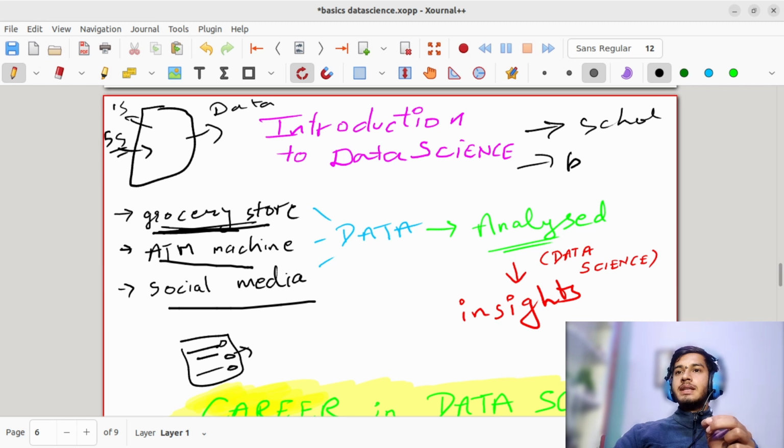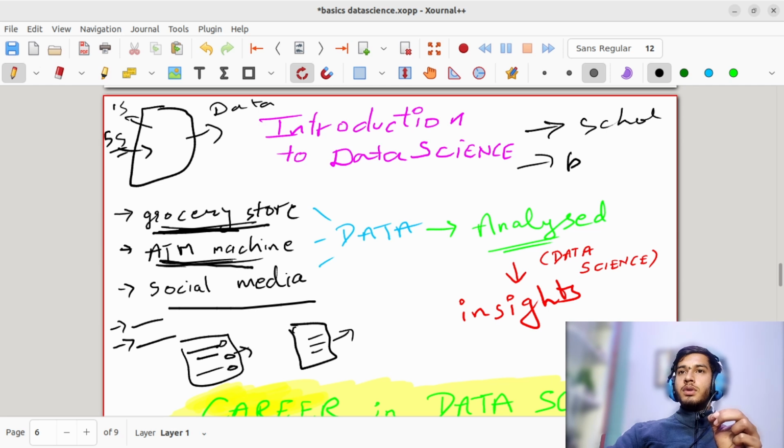When you go to the ATM machine, it generates a bill. That is data: the amount of money deducted from your account, or the amount added to your account. On social media, the data is there too. So now we have data.